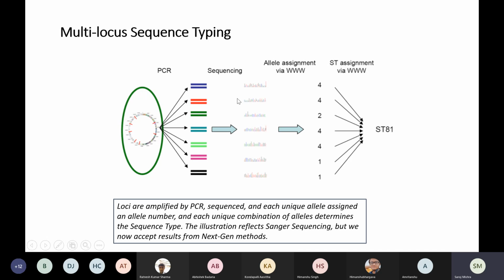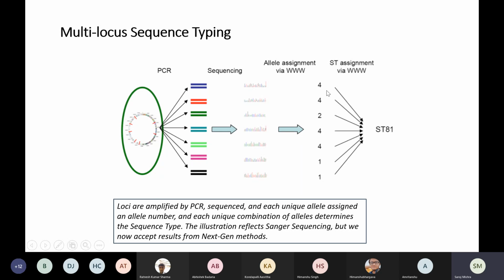For all these 7 loci, there is a code I am going to assign. So this is like my variant 4, variant 4, variant 2, variant 1, and 1. On the basis of that, this microorganism will have an ST, which means sequence type.